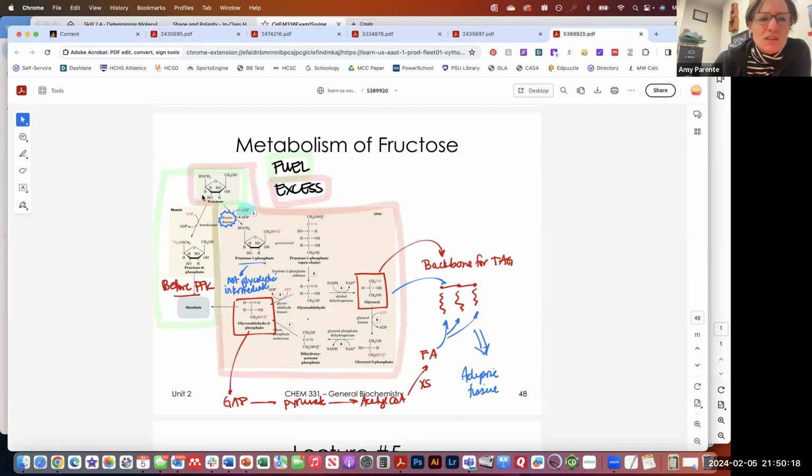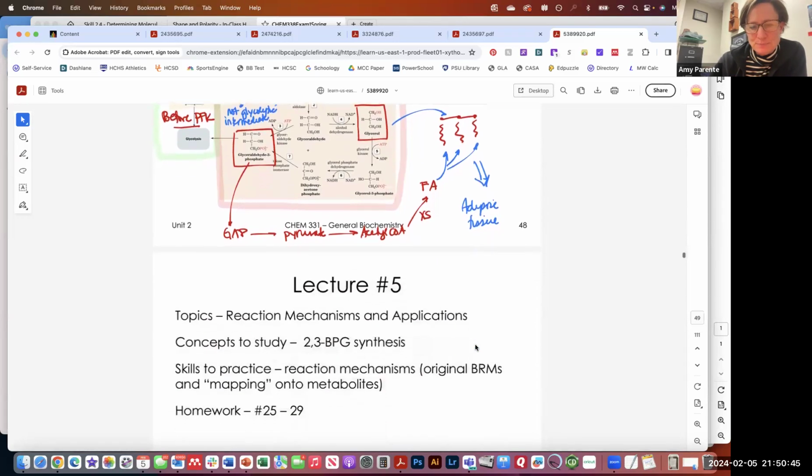But I do want you to know the important piece is that fructose metabolism in the liver is unregulated. But at the end of the day, it's a fuel that's in excess. So we're going to be making acetyl-CoA that we make into fatty acids, putting them on a glycerol backbone, storing in adipose tissue. Okay, that's the theme that we're going to see no matter what the excess fuel is. All fuels funnel to acetyl-CoA, so all fuels can become fat.